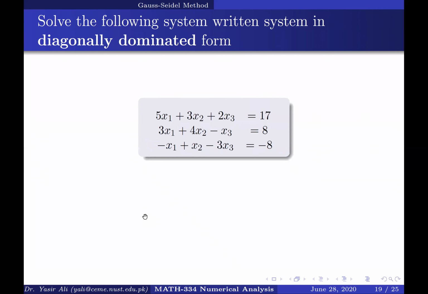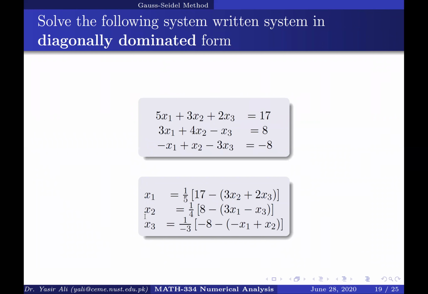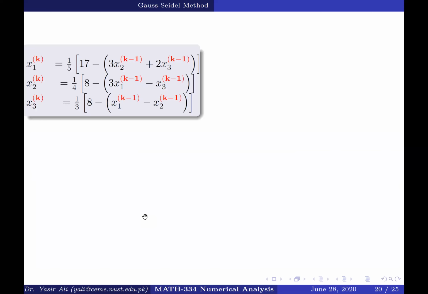Let's consider this system, which is in diagonally dominated form. And from here, I can write x1, x2, and x3. So this is the expression for the Jacobi method, in which we are using the previous values.